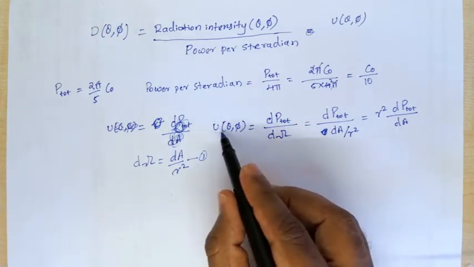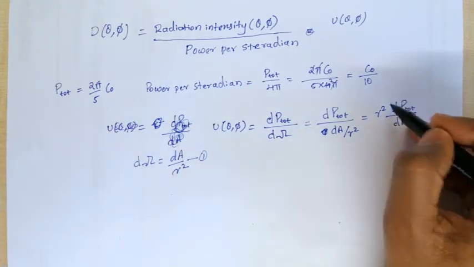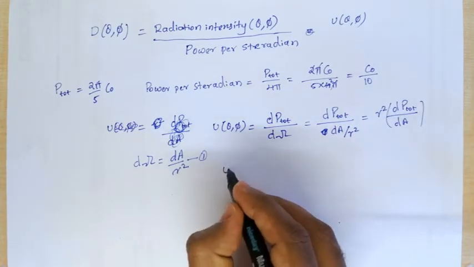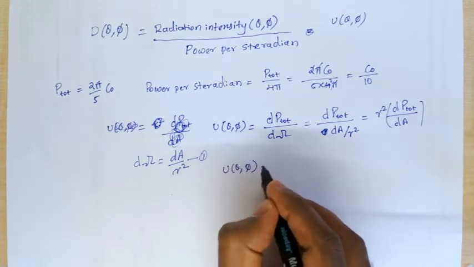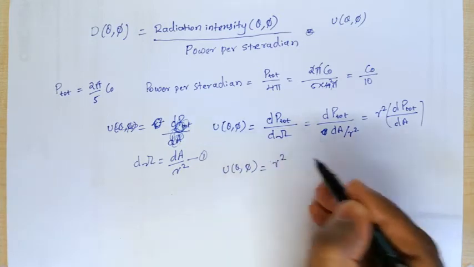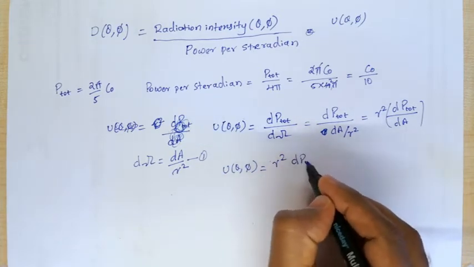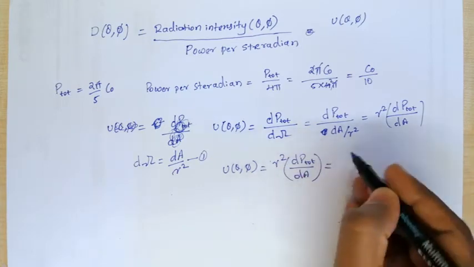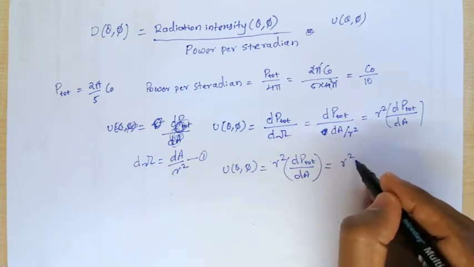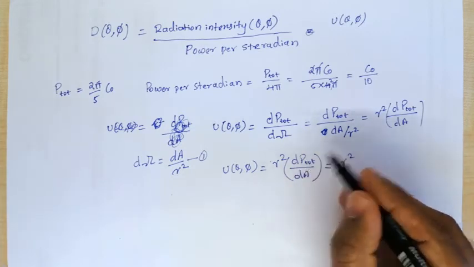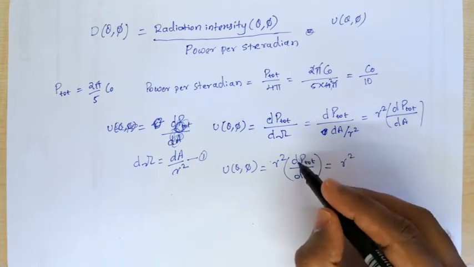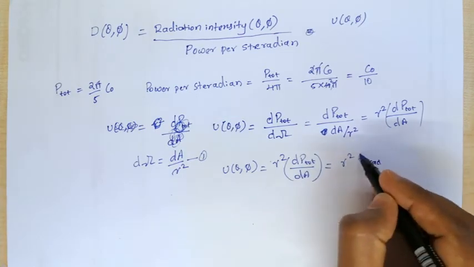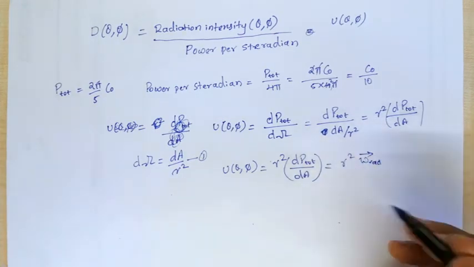So U of theta phi equals r square dP total by dA. This is watt per meter square times r square, and it is actually the Poynting vector, which is already known. It is given in the question.